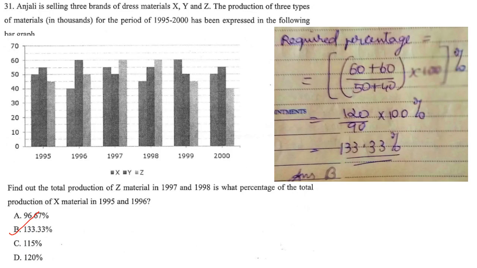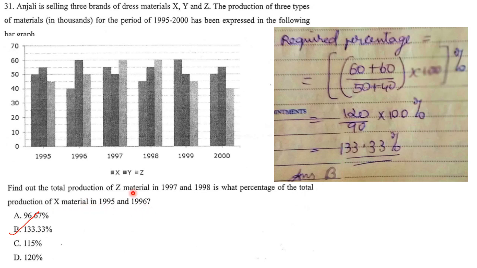Then next one, Anjali is selling 3 brands of dress material X, Y and Z. The production of the 3 types of material in thousands for the period 1995 to 2000 has been expressed in the following bar graph. So this is the bar graph. Find the total production of Z material in 1997-1998 as what percentage of the total production of X material in 1995 and 1996.